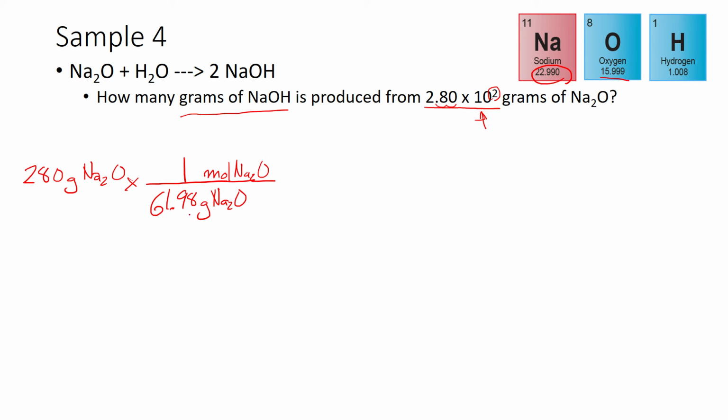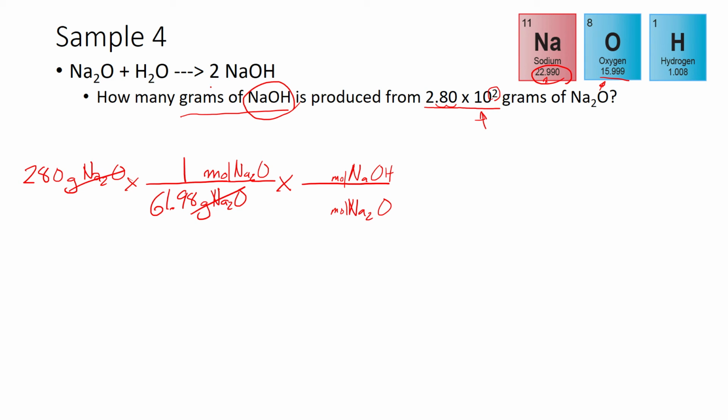So here's 61.98. I was just adding up the molar masses. So now that we're out of grams of sodium oxide, I can convert the chemical. We're now in moles, and this problem wants moles of sodium hydroxide, NaOH. So let's get out of Na2O and into NaOH, right?